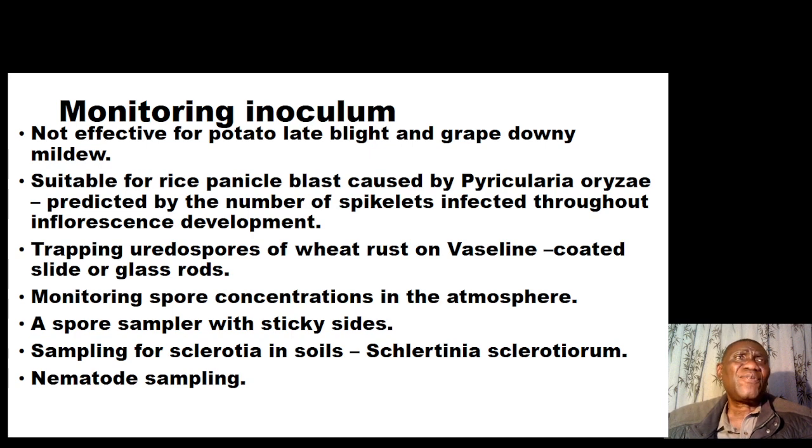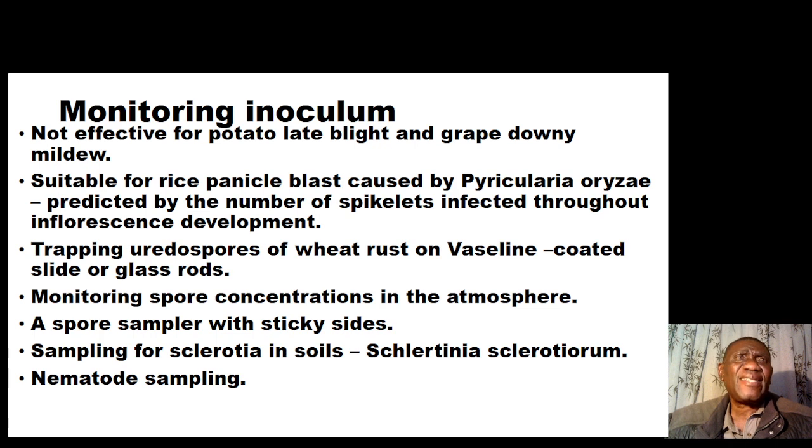It could be suitable for rice panicle blast caused by Pyricularia oryzae, predicted by the number of spikelets infected throughout inflorescence development. Trapping urediniospores of wheat rust on Vaseline-coated slides or glass rods, we can also use this to predict whether the disease is likely to occur.